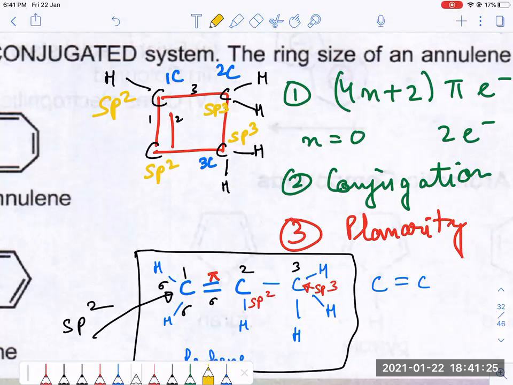No. Why can't it be planar? Because sp3 is not a planar hybridization. It is tetrahedral, right? Yes, sp3 is tetrahedral carbon, which is out of plane, and hence it cannot be a planar molecule.